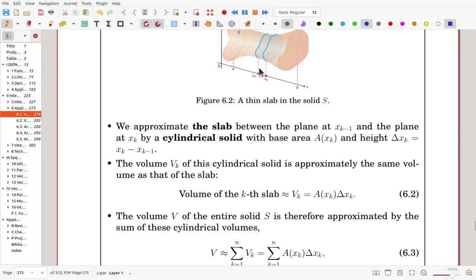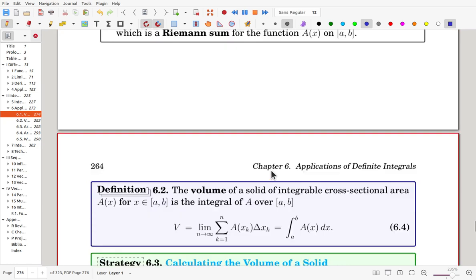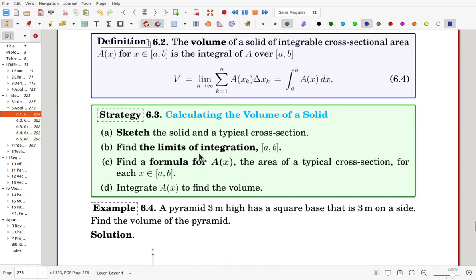Now, if you sum over the subintervals, then it will become a Riemann sum. Now, by taking the limit as n approaches infinity, or the partition length approaches 0, you can get the volume once the limit exists. Here we define volume.